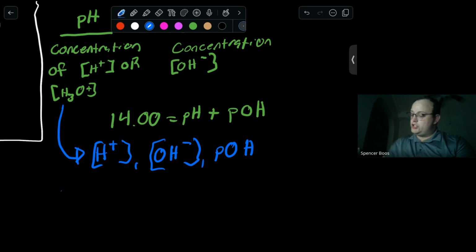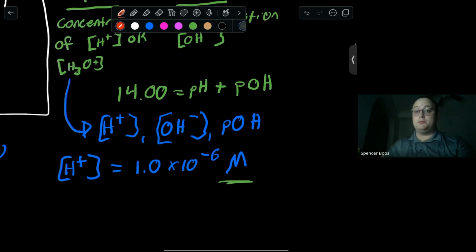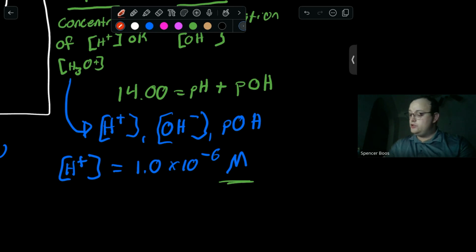For pH, let's say we've got an H plus concentration of, let's say, 1.0 times 10 to the negative 6. And this is molar. So whenever you're dealing with concentration, you need to remember the molar. To go from H plus to pH, you do the negative log, technically log base 10, of H plus.